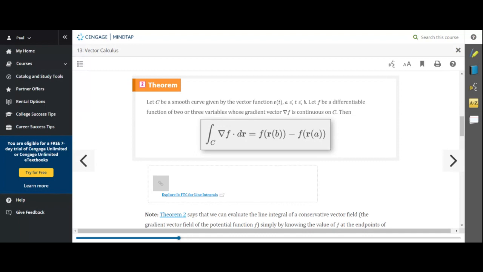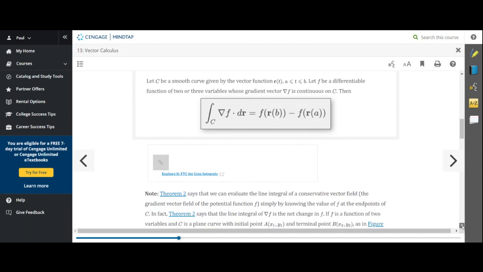Okay, Namer recalls it, and Eric recalls it. What this theorem is saying is that all that matters is where the point starts and ends. If the vector field is a gradient field of some function, the parameterization is not needed. Okay, an absolutely fascinating result.